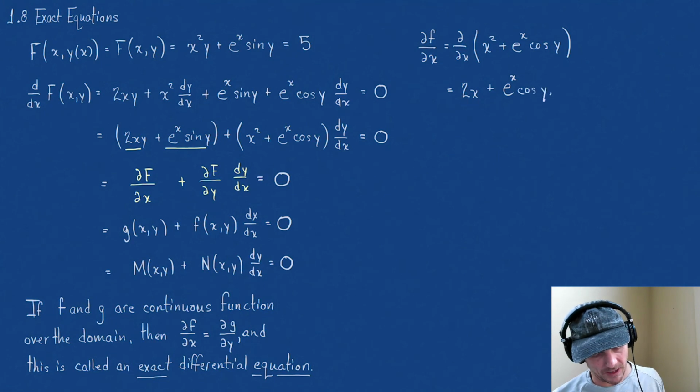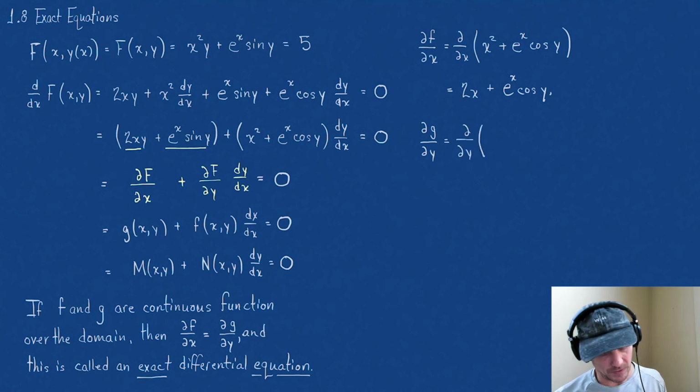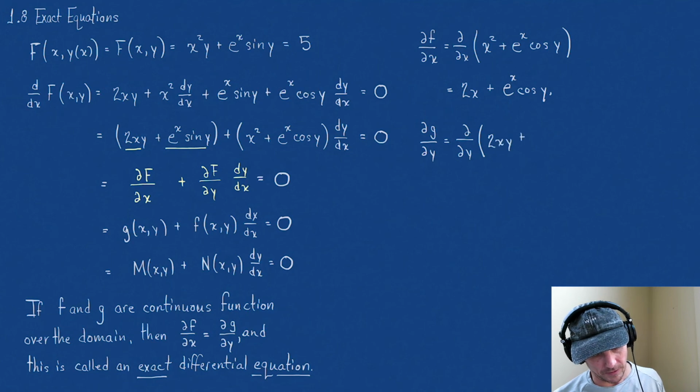Okay, and now let's repeat this, but this time for g, the partial of g with respect to y. So we're going to take the partial with respect to y. Where's y in here? 2xy plus e to the x sine of y.